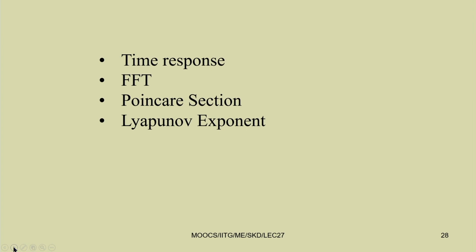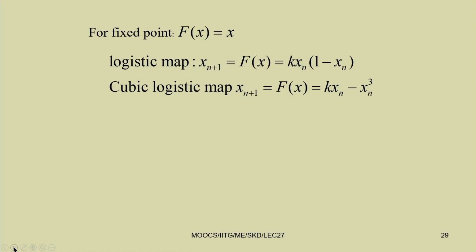Generally in time response, given a differential equation, we solve that equation and plot the time response of the system. For example, you have studied this equation for a spring mass system: m x double dot plus c x dot plus k x equal to f sin omega t.